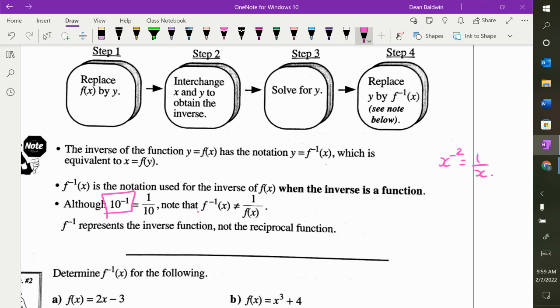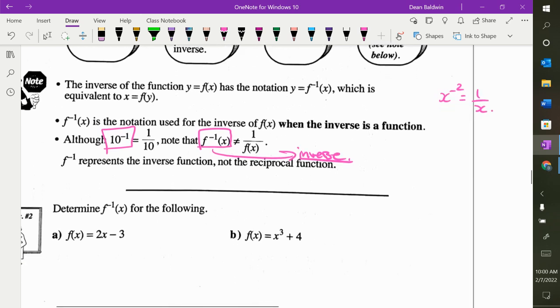If I write f to the minus 1, it does not mean that. This is a little equal sign with a slash through it, which means not equal to. This is the inverse: you switch the x and y values. This 1 over f of x represents the reciprocal. We'll talk about that later on. So if you see f to the minus 1, do not write 1 over f of x.